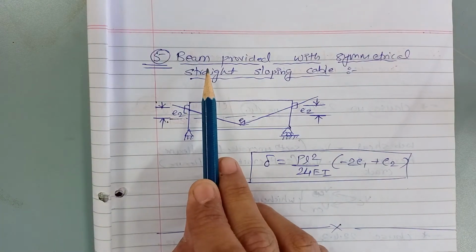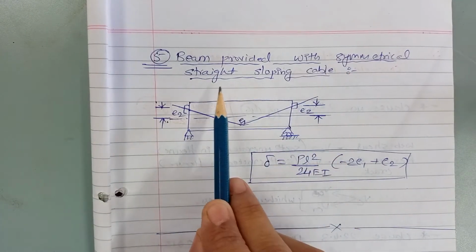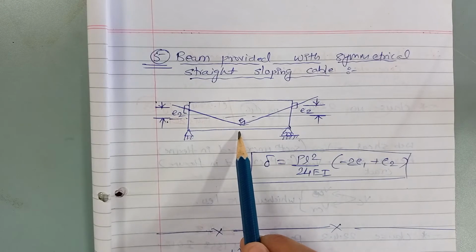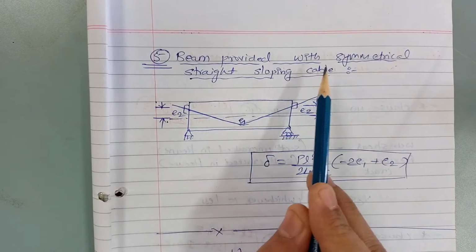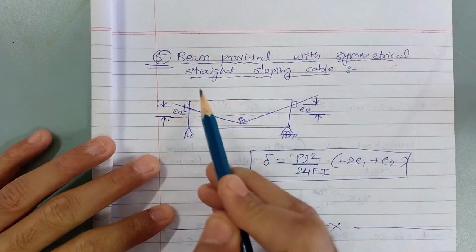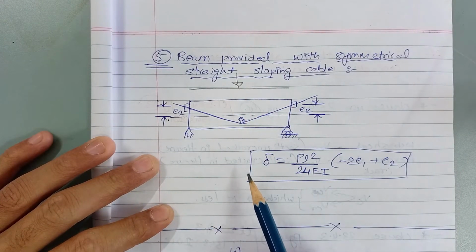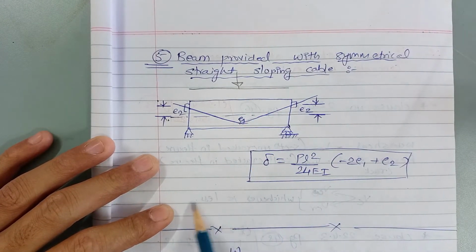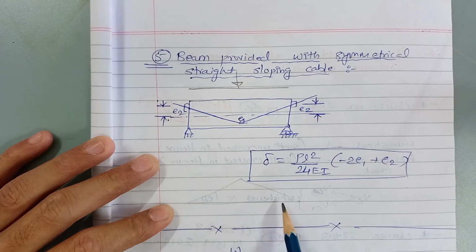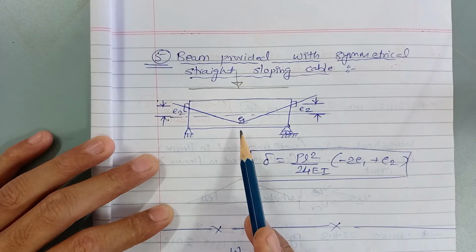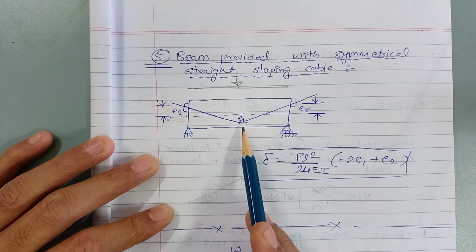And when the beam is provided with a symmetrical straight sloping cable, this will be the case when a point load is acting. Due to the point load, the BMD will be of such nature, hence the cable profile will be analogous, and it will be a symmetrical straight sloping cable.